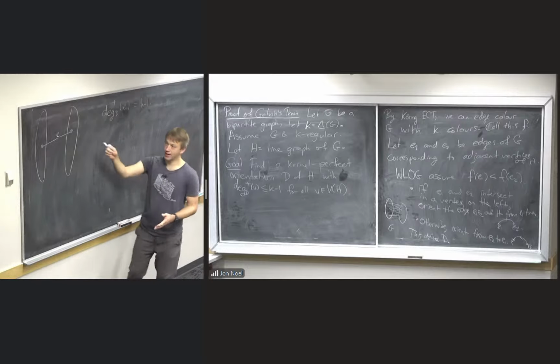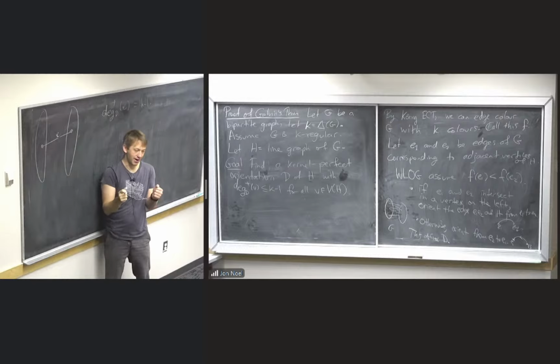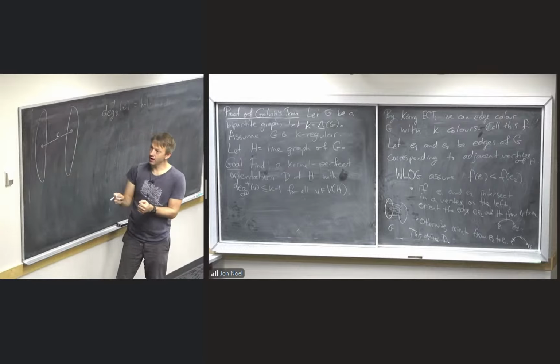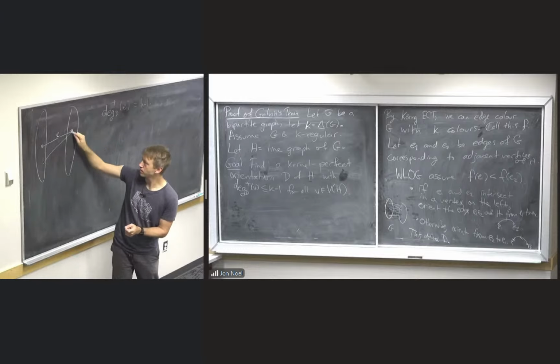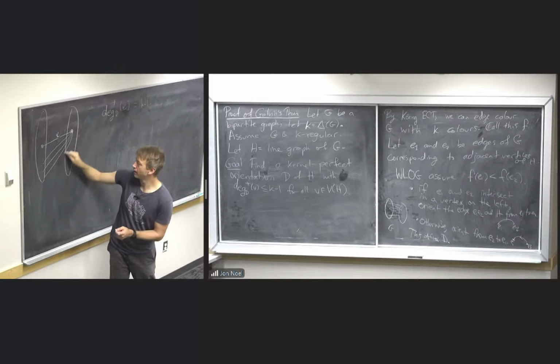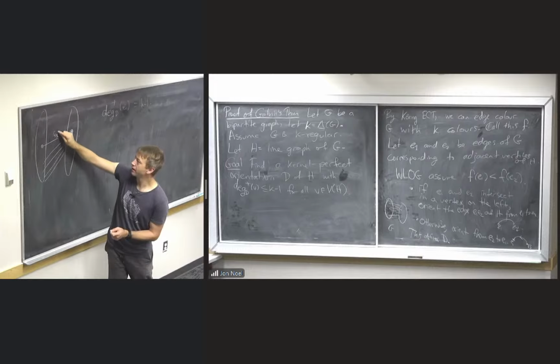Because this edge E has some color. Let's say it has the color 5, so f of E is 5.